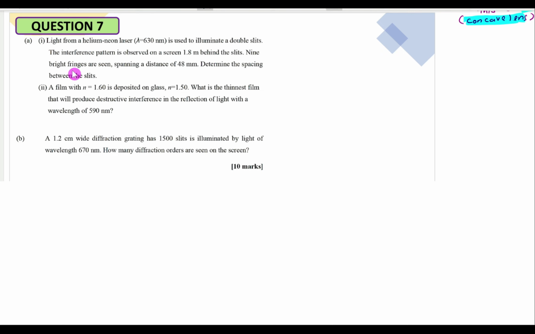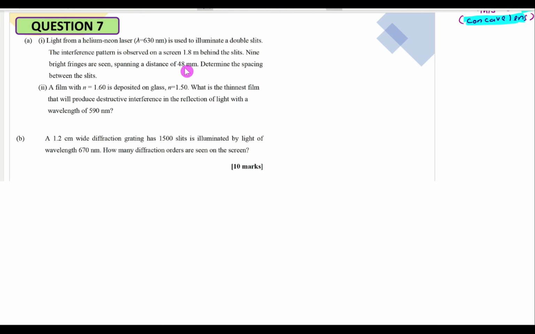So 9 bright fringes are seen. Okay, maknanya 9 lah on the screen. Dia kata kita nampak 9 bright fringe on the screen, termasuk the central bright fringe, spanning a distance of 48 mm.